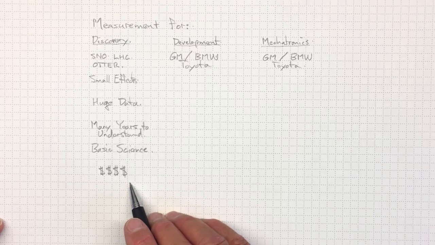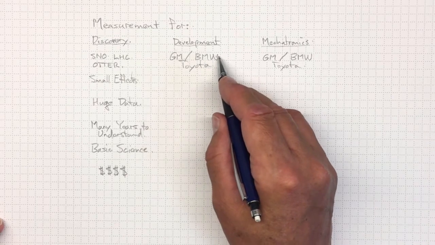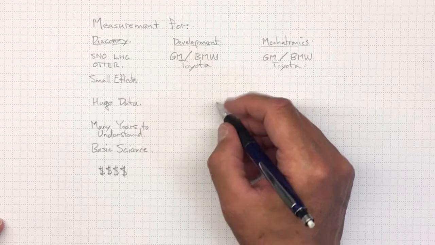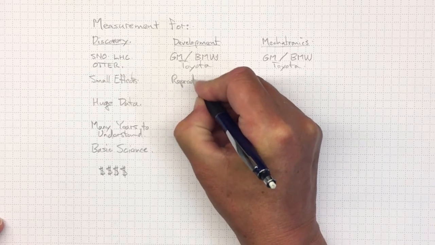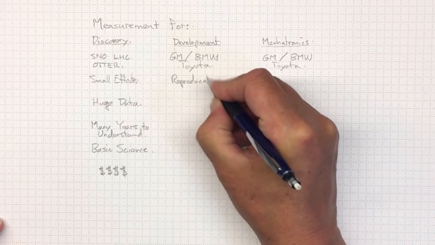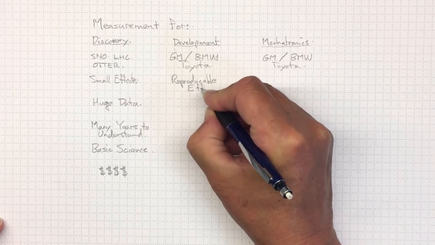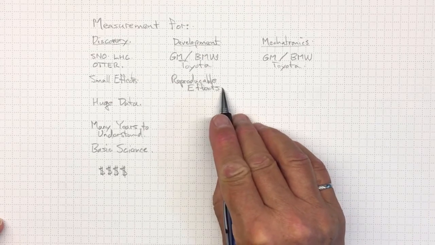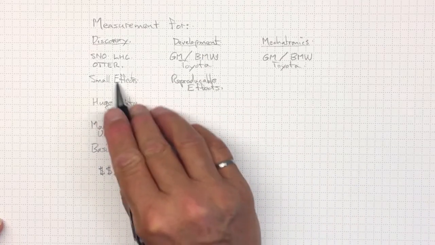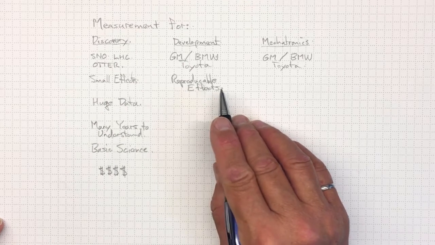If we're doing development, we really want to not necessarily capture the smallest effects that are going on, because we're interested in reproducible effects. The really small effects, the stuff that's difficult to detect, we probably can't make it happen again and again and again if we build thousands of cars.